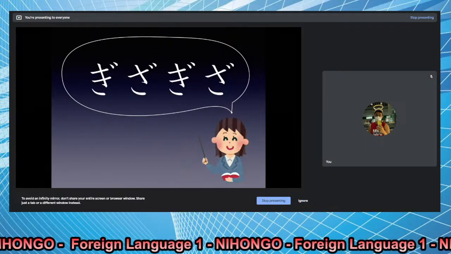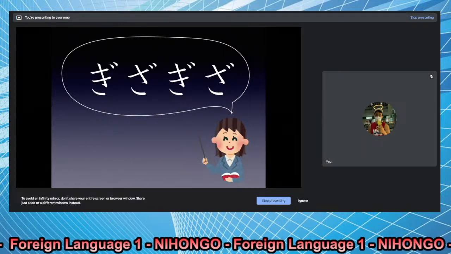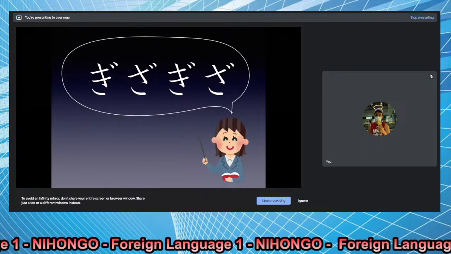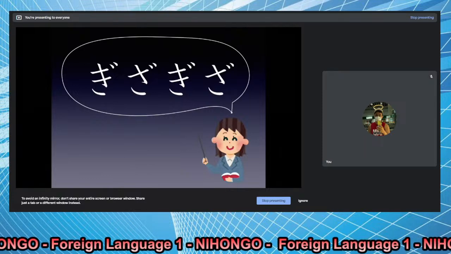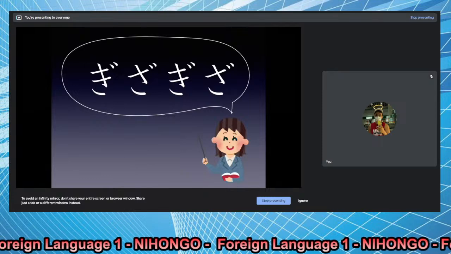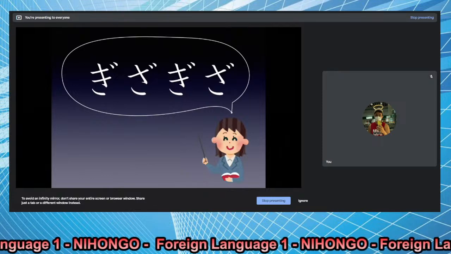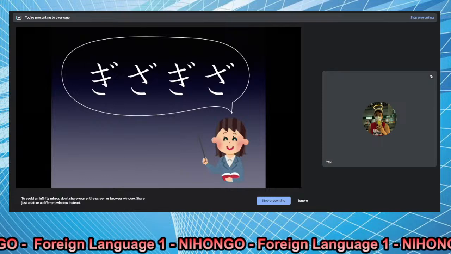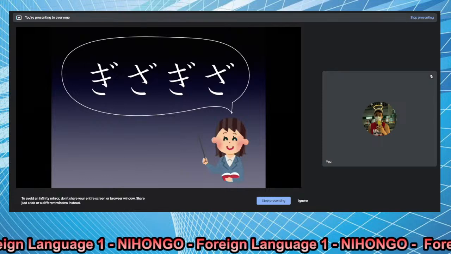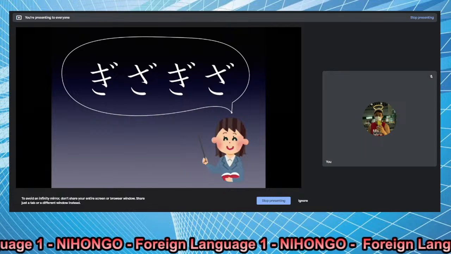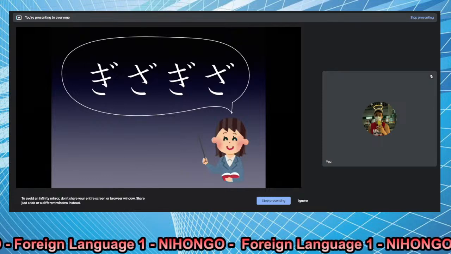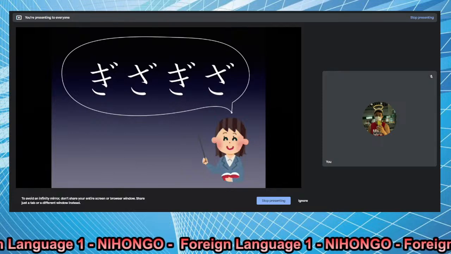And the last one. Giza. What about this?